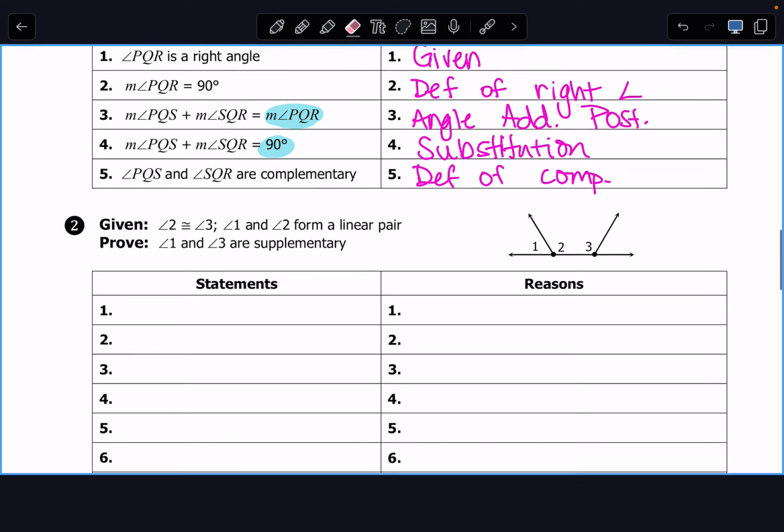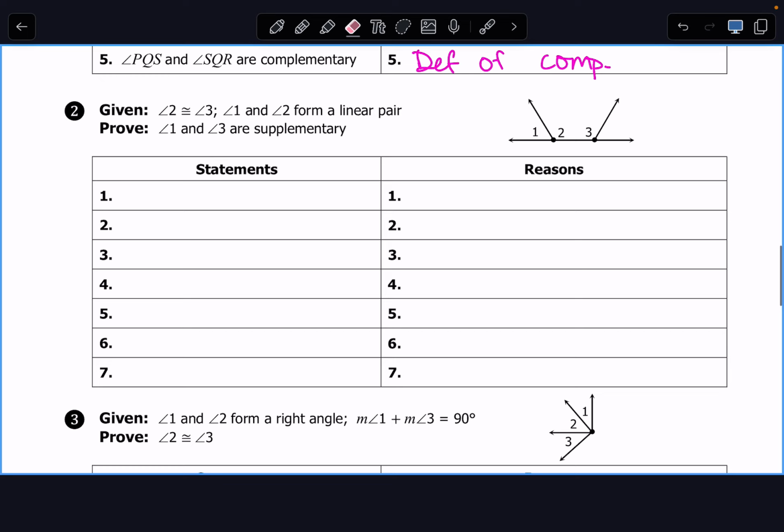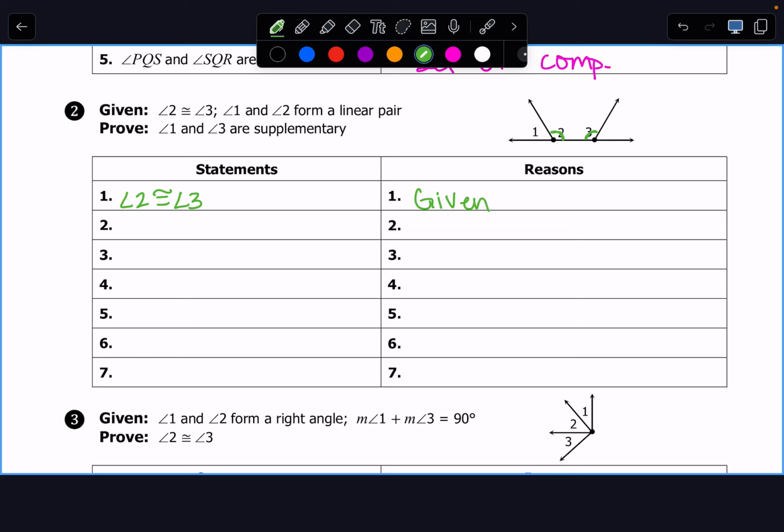In proof number 2, I'm going to go ahead and mark my diagram. Angle 2 is congruent to angle 3. It's also telling us that angle 1 and angle 2 are a linear pair.